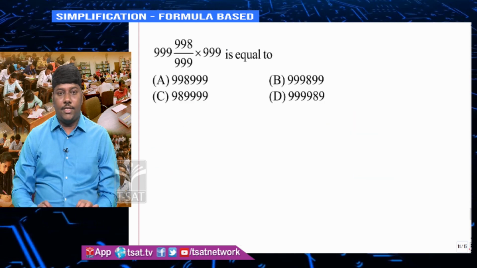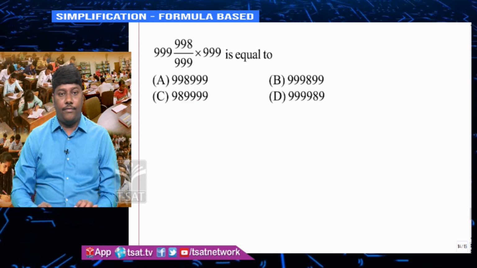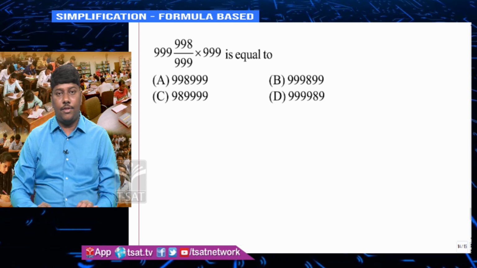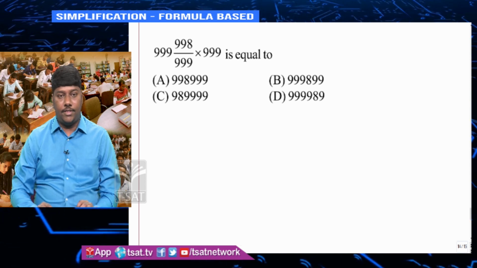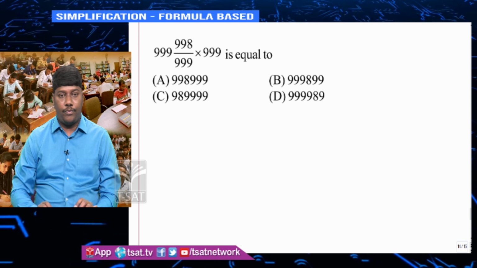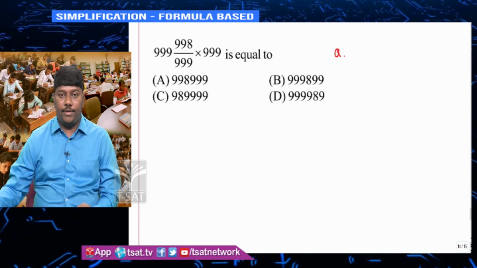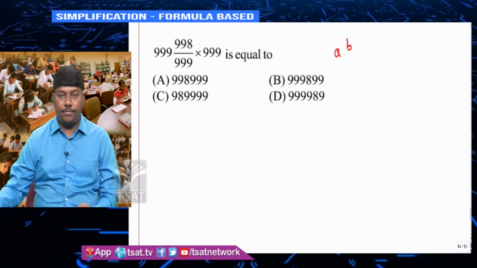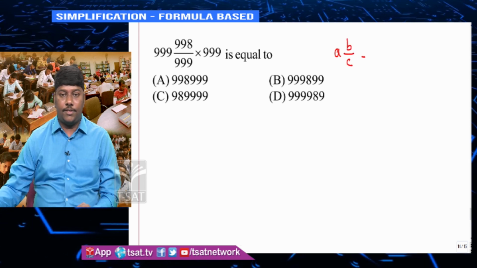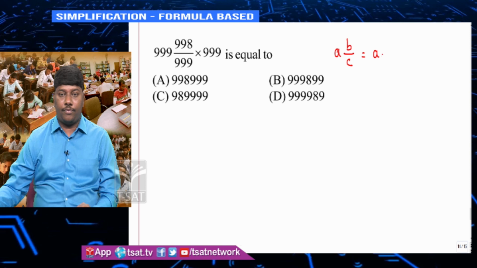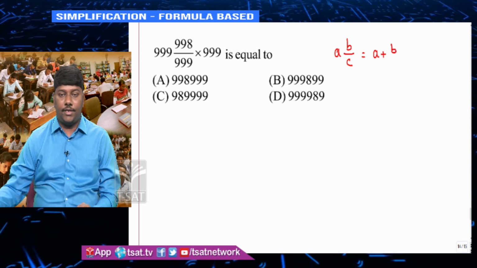Now see how we solve sums based on fractions, which are in the form of a b by c. We all know that a mixed fraction a b by c, you can always write as a plus b by c.